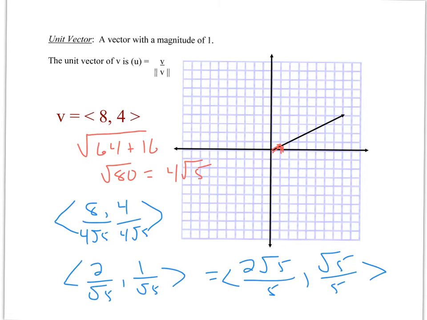Both of those are decimals less than 1. My little unit vector in the direction of v is this little guy right here in blue. It's a little tiny vector with a length of 1, and that would be inside that first grid.